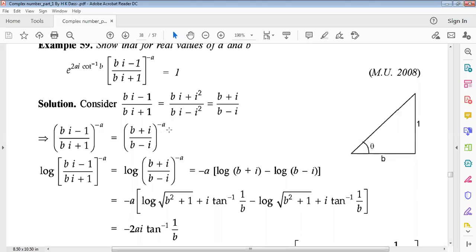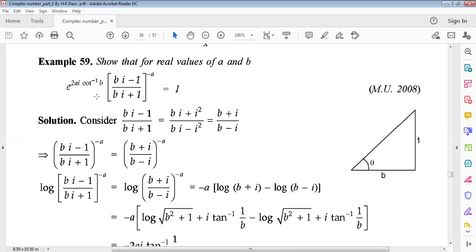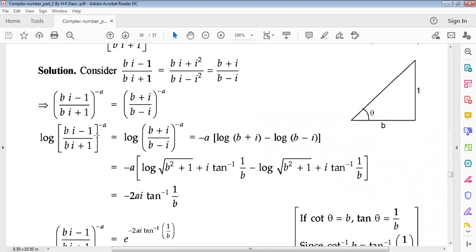Taking log on both sides. Why log? Log of (bi minus 1) divided by (bi plus 1), to the power minus a, equals log of this. Now the power comes before the log according to the properties of log. So minus a log equals this. The formula for log m by n is log m minus log n.